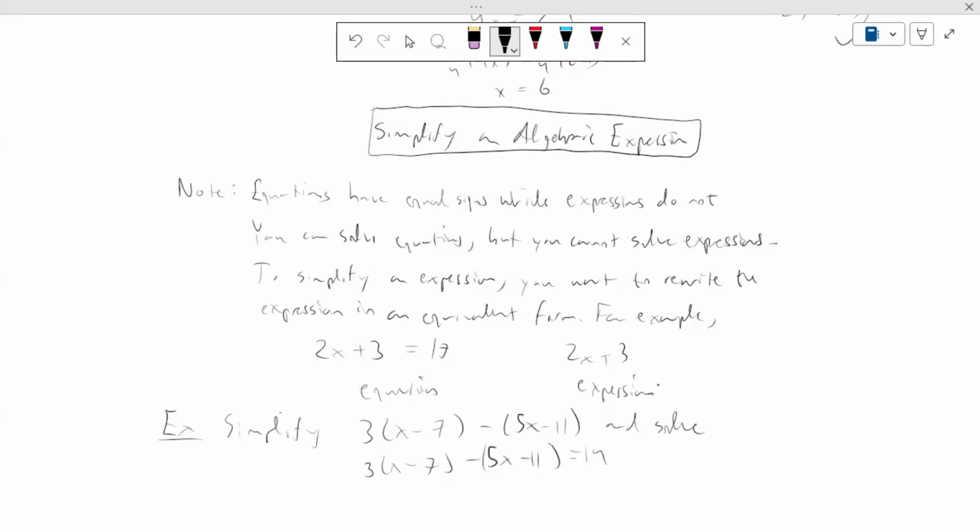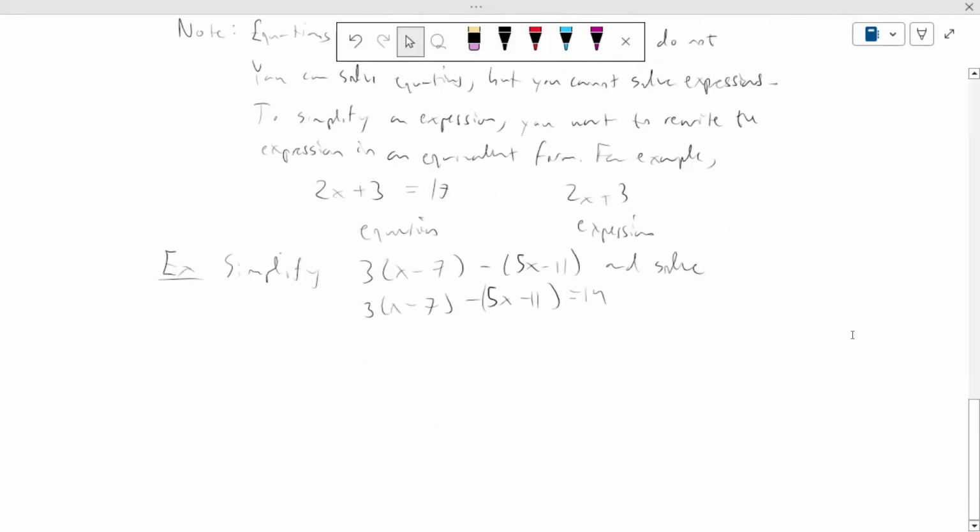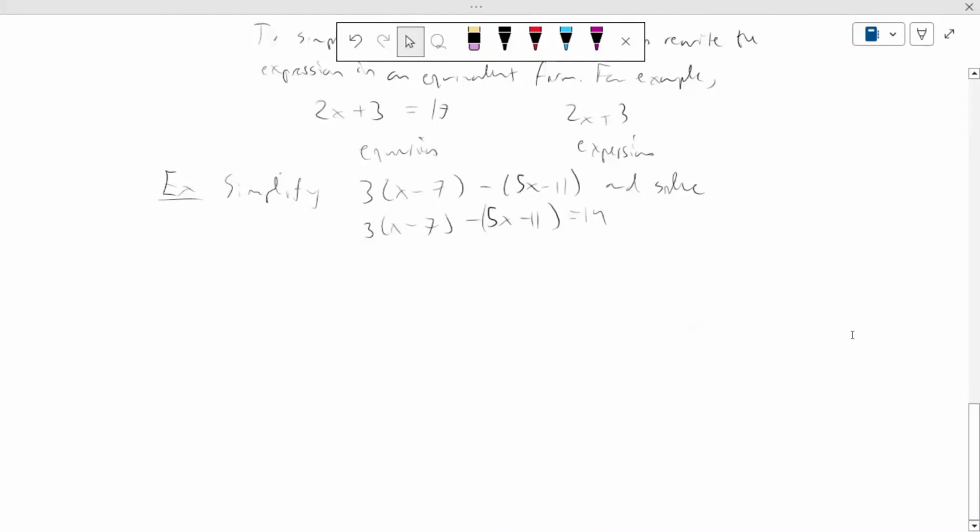So I want to simplify this expression, and I want to solve this equation. Yeah? Fair enough. Any questions on what we're doing here? Right, so 2 tasks here. All right, let's start with the first task, right? So we're going to start with simplifying.